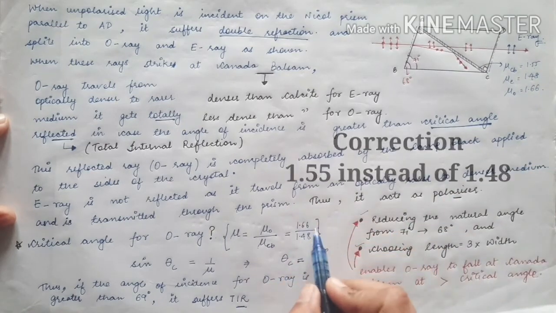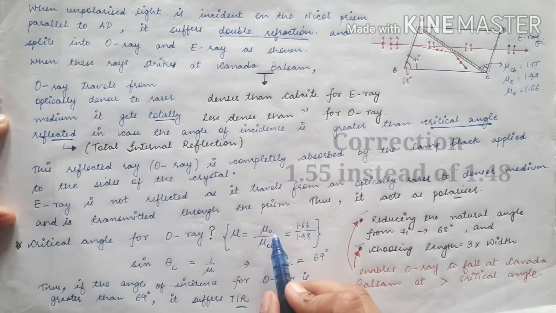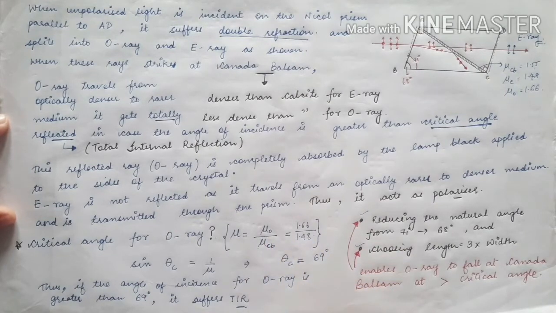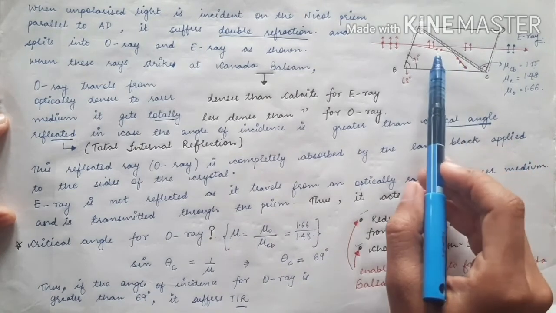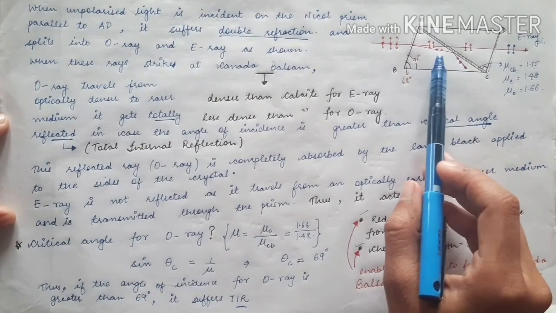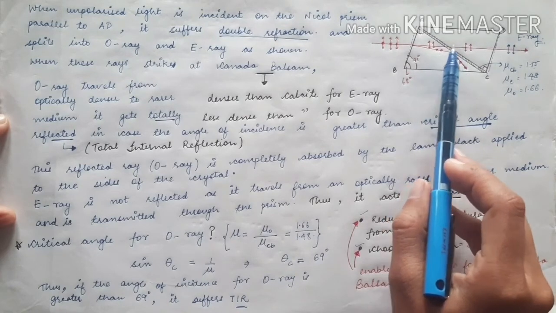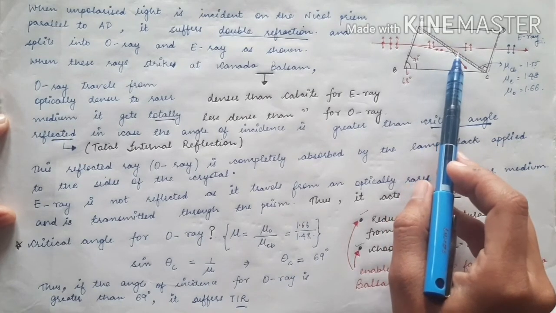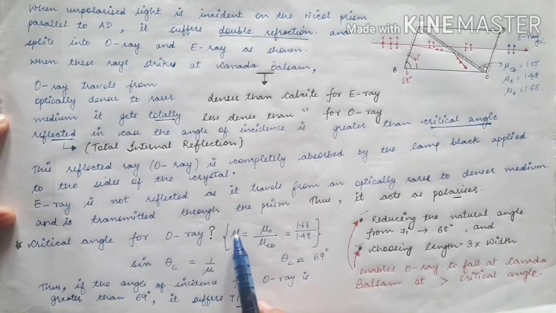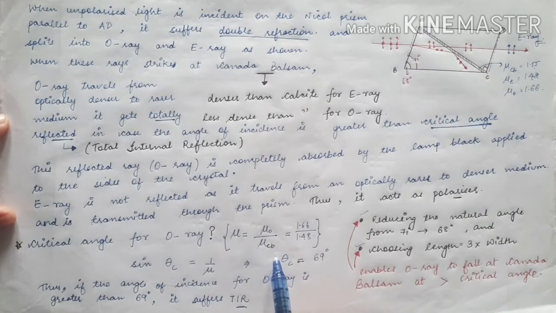This ratio gives us the refractive index of the O ray in the calcite with respect to the Canada balsam layer, because the O ray is traveling from the calcite towards the Canada balsam. The O ray is striking from the calcite on the Canada balsam layer. Therefore we take the refractive index of the O ray in the calcite with respect to the Canada balsam. So this ratio will give us mu.